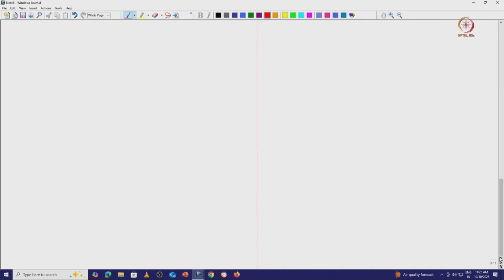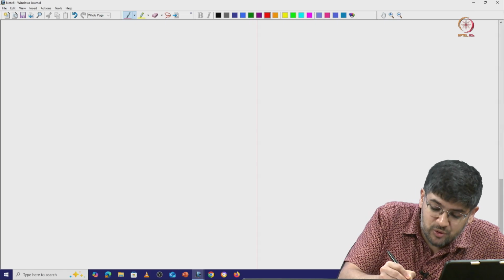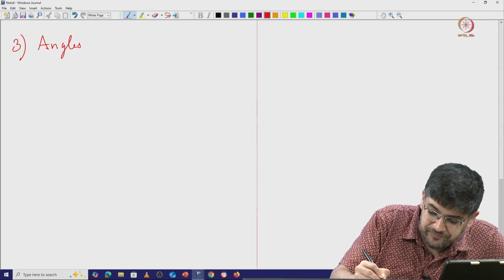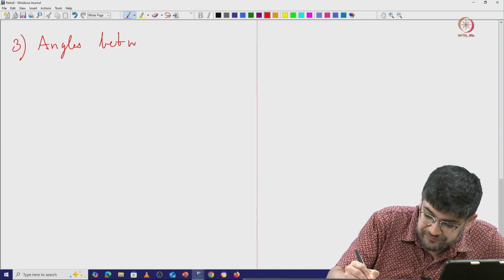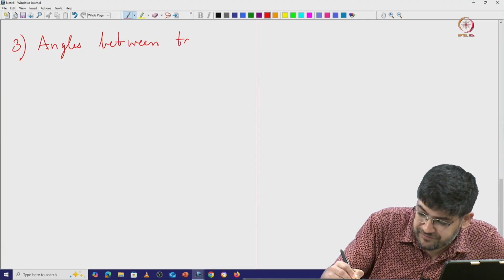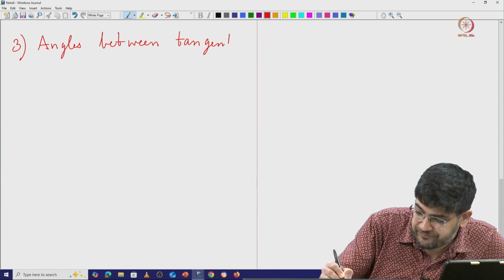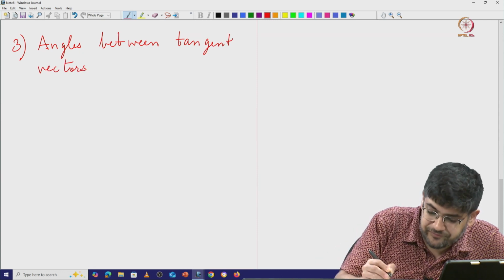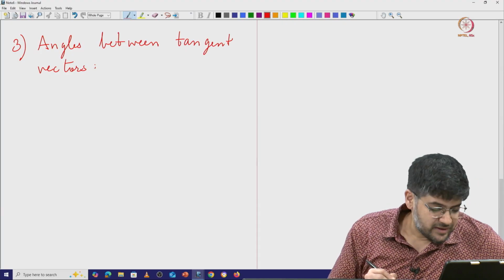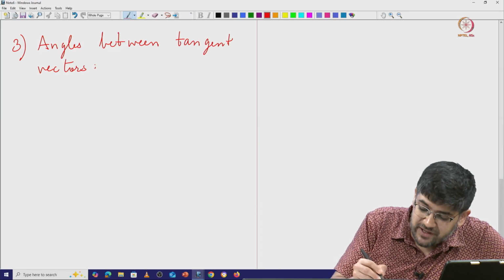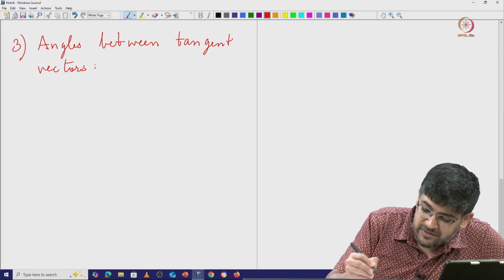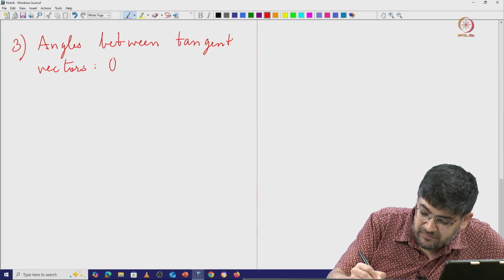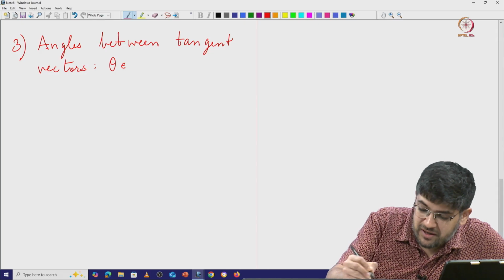And finally, a Riemannian metric also helps you compute angles between tangent vectors. So you define the angle between tangent vectors by this relation.